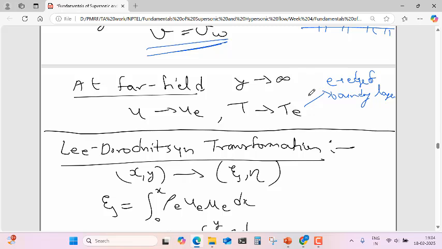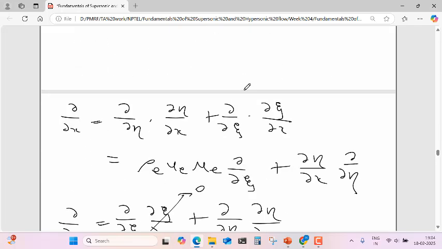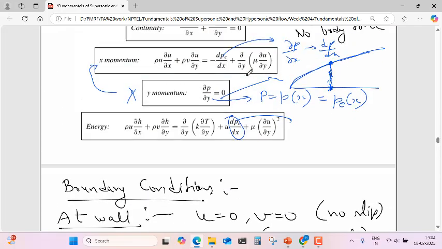In the quest of finding the similar profile, we do one transformation, x y to xi eta. First, I will tell what is the similar profile.